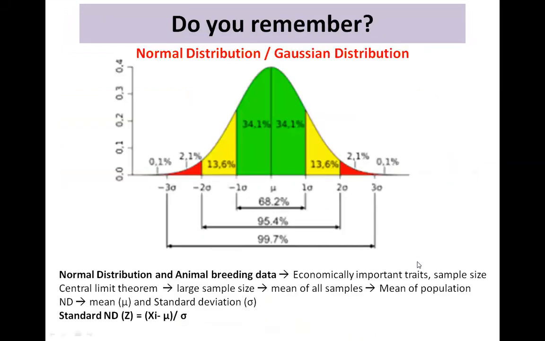Then you might be remembering this bell-shaped curve, which is a normal distribution curve or a Gaussian distribution curve. We have already covered that in a normal distribution curve, any biological event or observation or data roughly follows the bell-shaped curve. And we know that mu is the population mean of this curve.